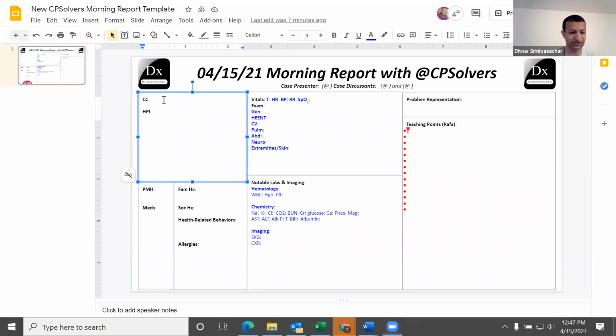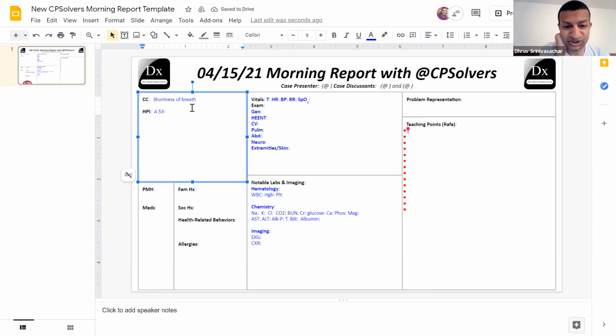So, chief concern for this patient, shortness of breath. I'll give you a little more. This is a 53-year-old gentleman who presents with shortness of breath that has progressively worsened over the last month. Prior to his presentation, he could scale about 2 to 3 flights of stairs without symptoms.